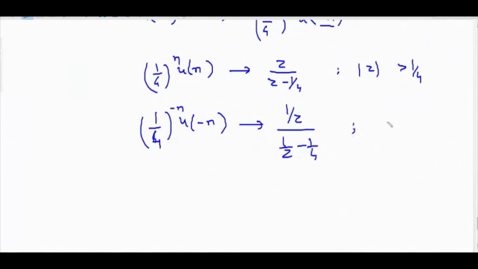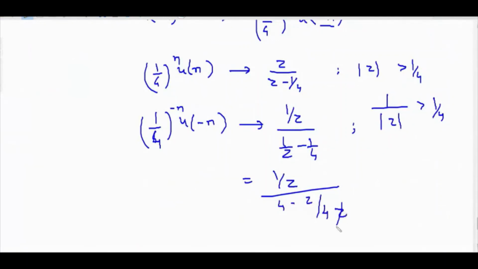And the ROC will be, here also, 1 by magnitude z greater than 1 by 4. Just cross multiply. So this becomes 1 by z, and in the denominator, cross multiplication gives 4 minus z divided by 4z. This z cancels.